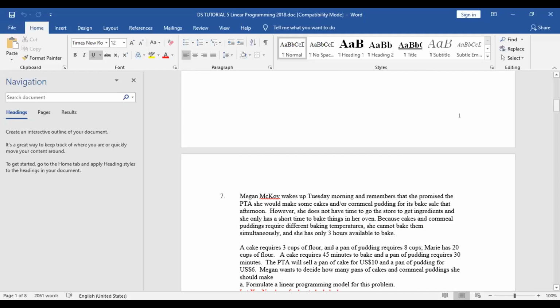Now it says a cake requires 3 cups of flour. It seems to have changed thought. It sets you up by telling you that she has limited time to bake, and that the total time is 3 hours, the limitation.